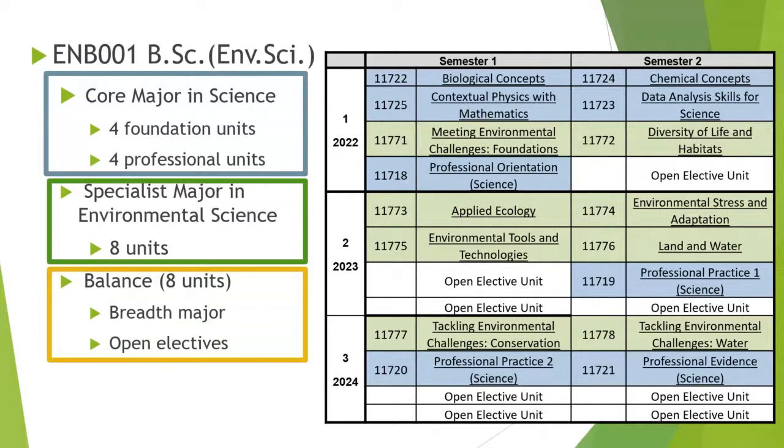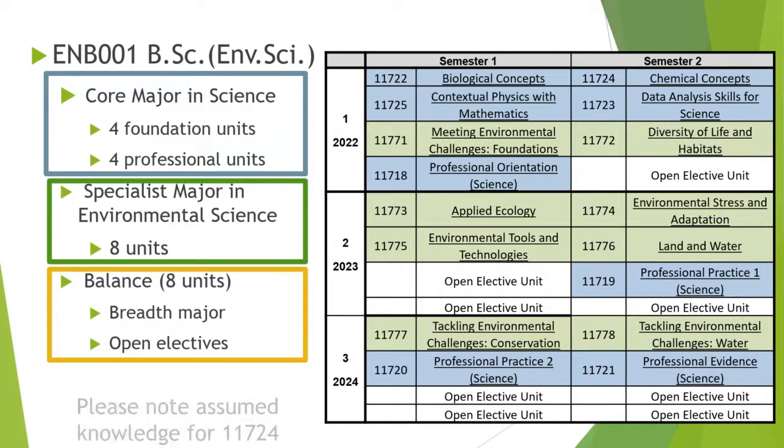You really want to do the history of ice cream or Stone Age computing or whatever it might be, basket weaving from across the campus. Go and have a look at what individual units are out there, and you can compile those into open electives that don't amount to a major or a collection, and that's perfectly fine. Okay. The two majors you do need to end up with, though, are the core major in science and the specialist major in environmental science.